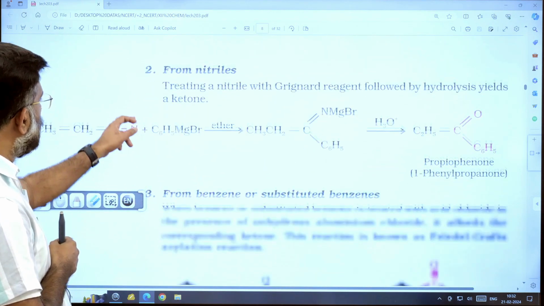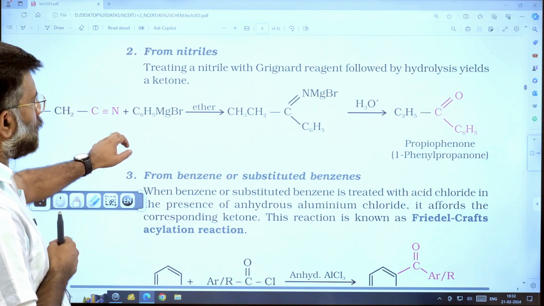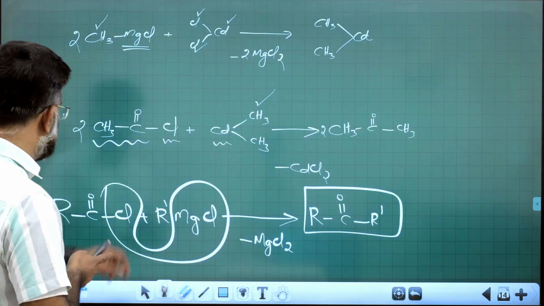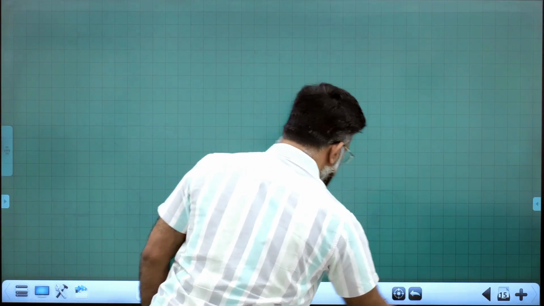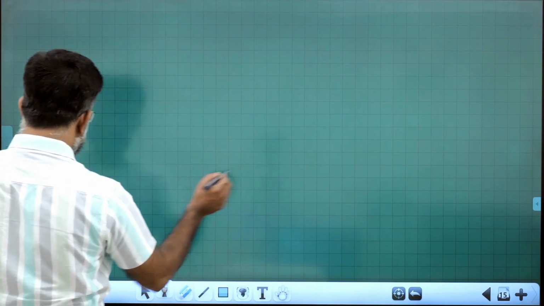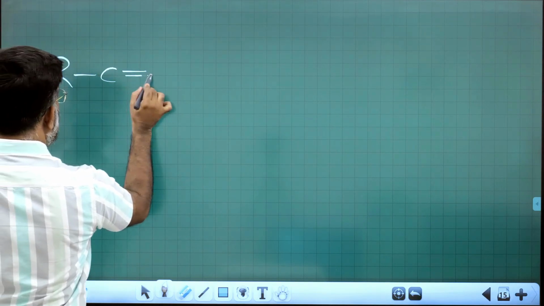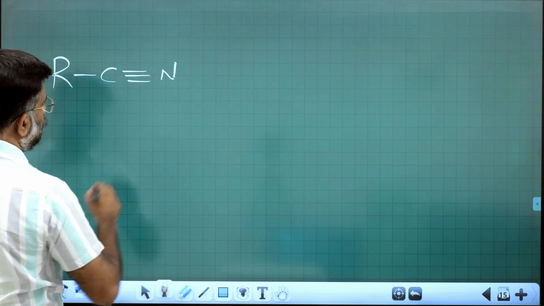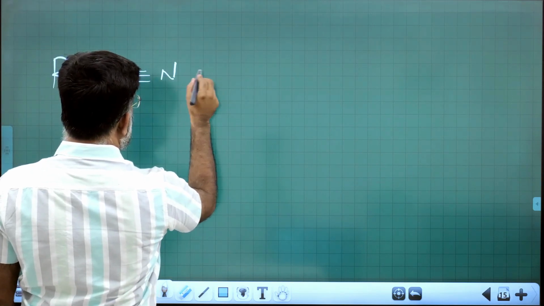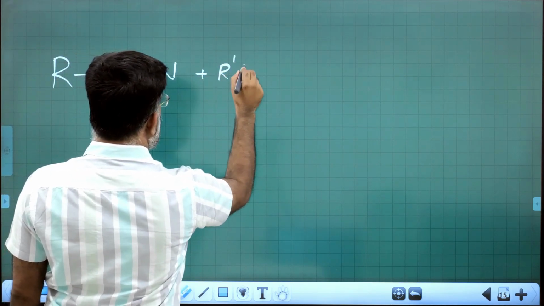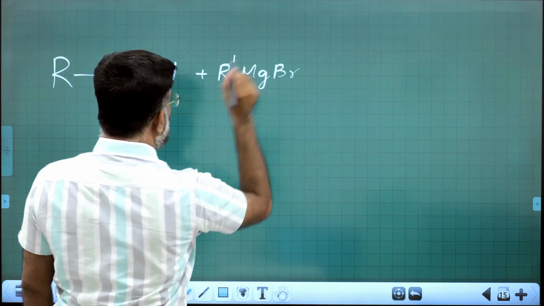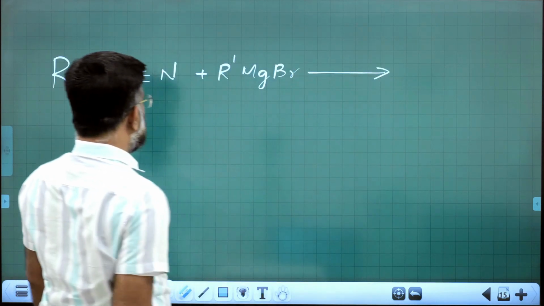Number 2, Grignard reagent with the nitriles. That is the number 2 procedure: preparation of ketone from Grignard reagent using a nitrile, that is, cyanide. An alkyl cyanide or alkane nitrile is treated with the Grignard reagent. See, there will be an addition process.